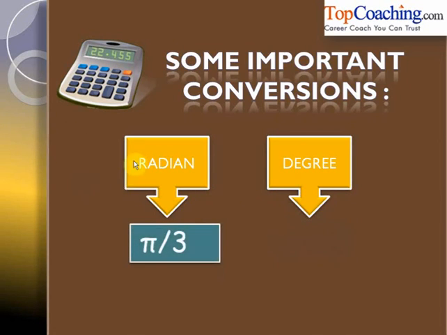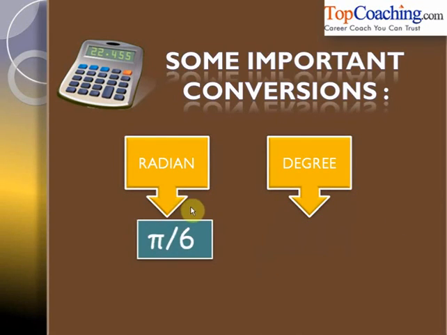If the measure of angle is pi by 3 radians, then in the degree form this is equivalent to 60 degrees. Similarly, if the angle is pi by 6 radians, then in the degree form it is equal to 30 degrees.